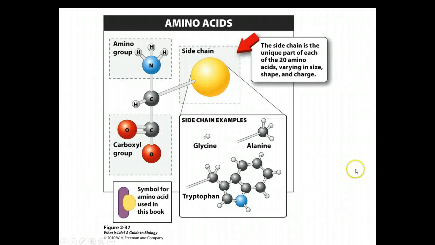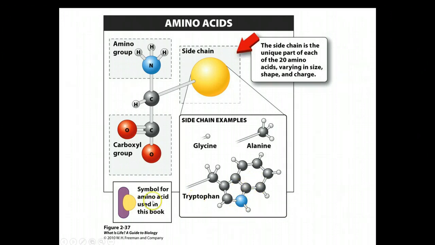So here's the structure. Here's the amino group and the carboxyl group, and these are sort of the front and back of the connections that we use to link the amino acids together. There's the carbon with the side chain, or the R group, and we can have one hydrogen that gives us glycine, or a carbon with a CH3 group, that's alanine, or we can have more complex things like tryptophan that has this cyclic aromatic ring structure associated with it.